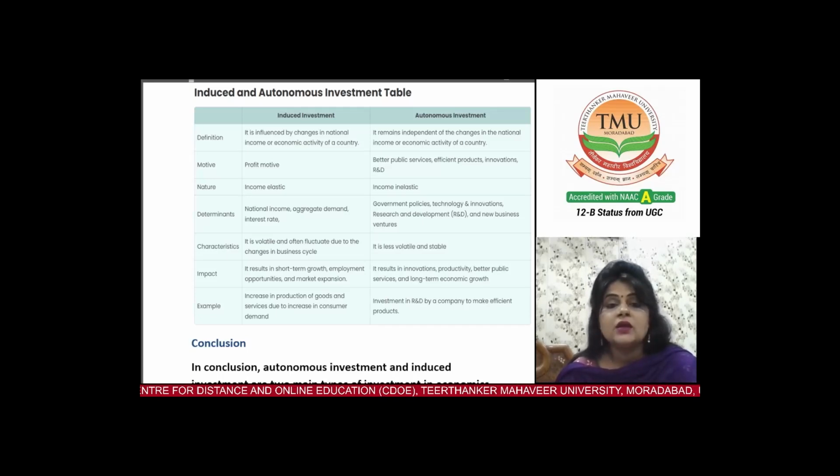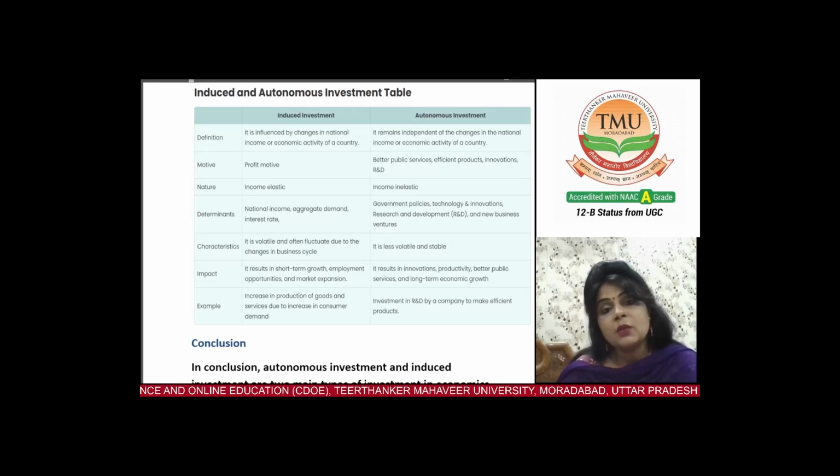The motive behind induced investment is profit, which means it depends on profit expectation, while the motive behind autonomous investment is social welfare.